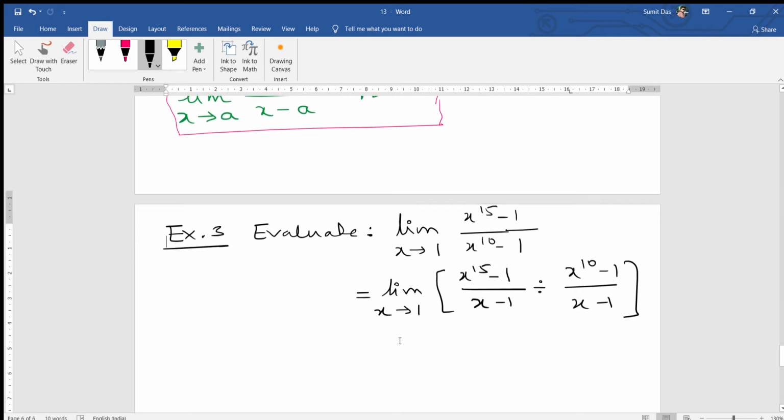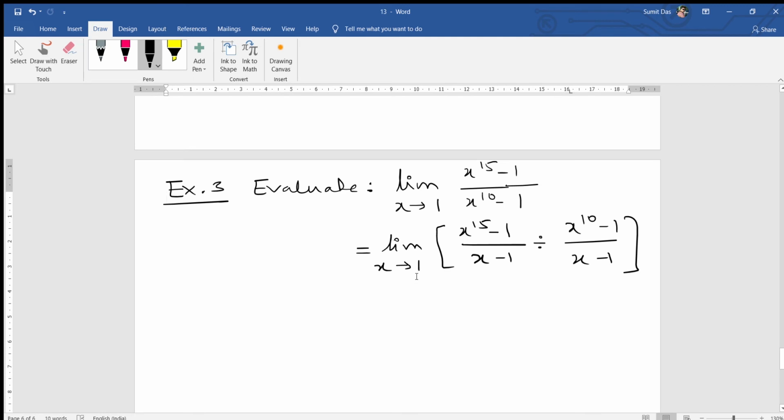So here we can see x tends to 1, right, and x to the power 15 we can write on the next line like this. Limit, I'm writing from here, using the algebra: x to the power 15 minus 1 to the power 15. 1 to the power 15 means 1, right?